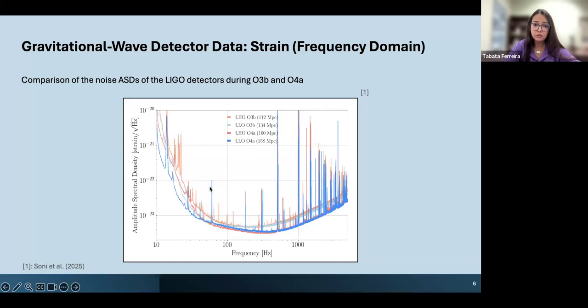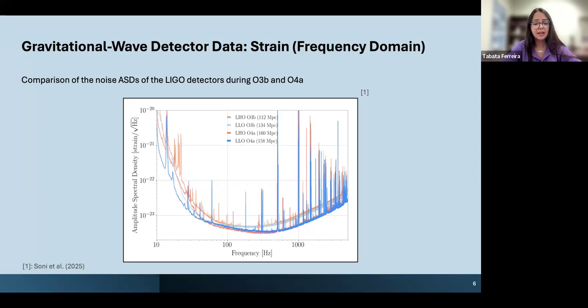Let's take, for example, Livingston. In light blue, we can see the noise spectra here with this morphology, while in dark blue, we can see the spectra during O4A. Light blue is during O3. And then we can see that during O4A, we were much better, which is amazing.